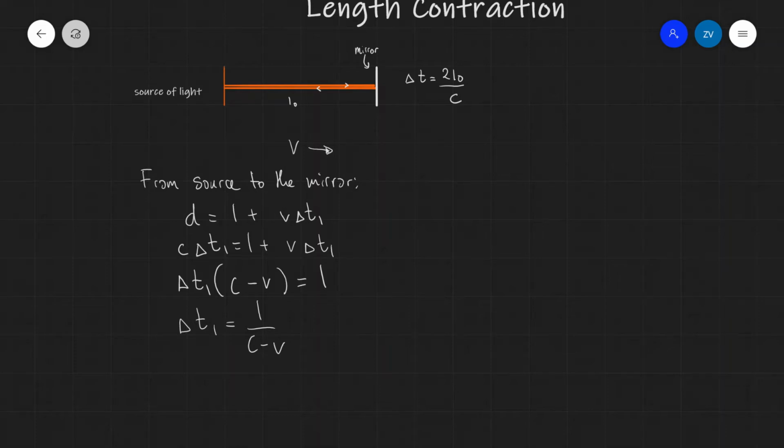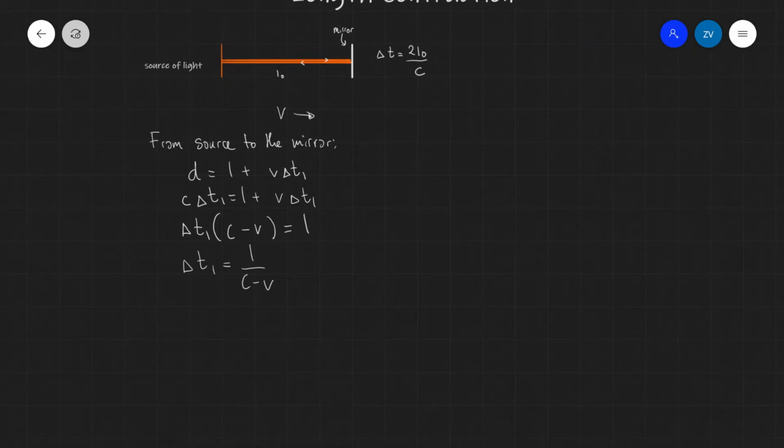We can repeat exactly the same procedure for the portion of our measurement when the light is traveling from the mirror to the source. Now everything will be exactly the same as in this equation.